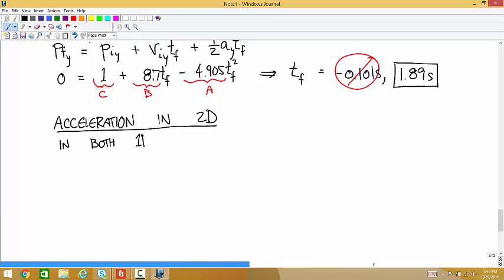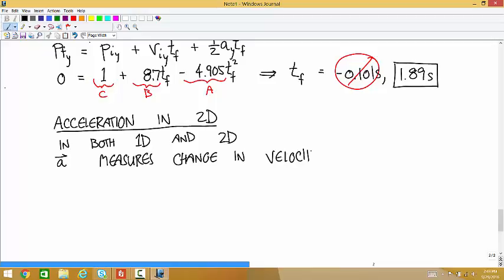In both 1D, so that's motion along a line, and 2D, acceleration measures a change in velocity. So if the velocity isn't changing, then acceleration is 0.